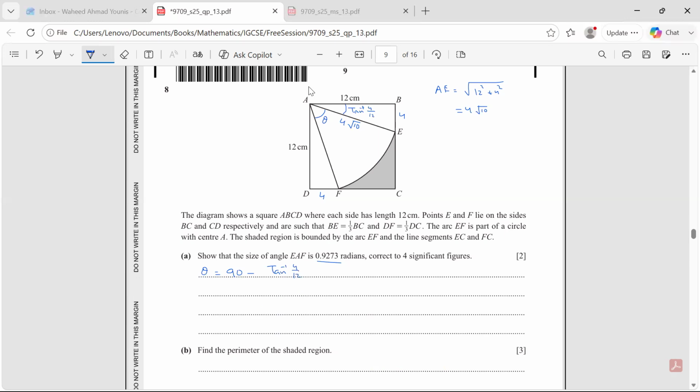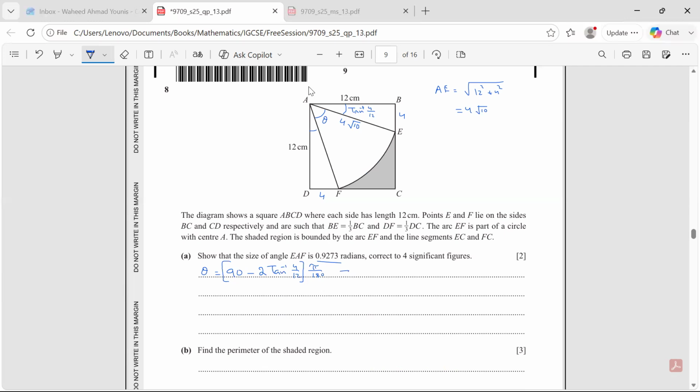And again, this angle is the same as that, so I have to subtract it twice. And this will be in degrees. If I multiply this whole thing with pi over 180, it will give me the answer in radians, right?